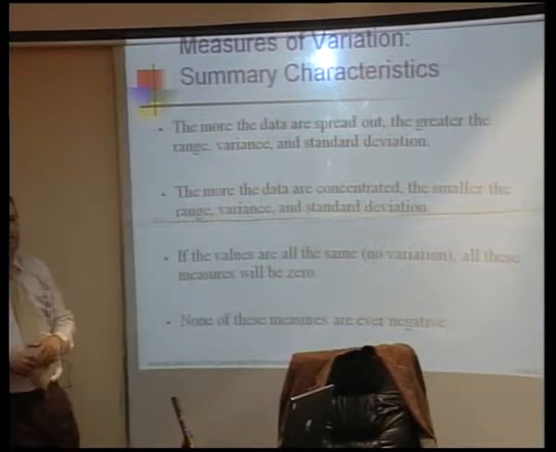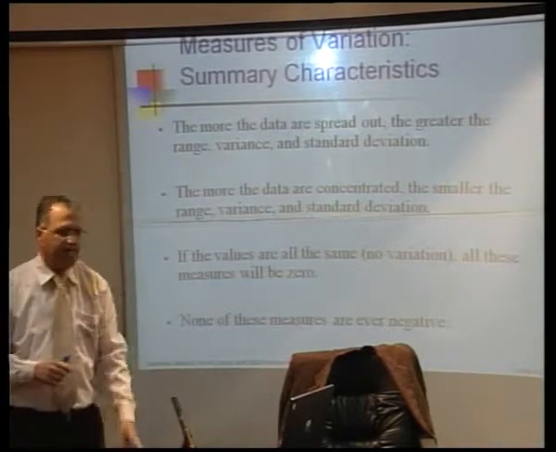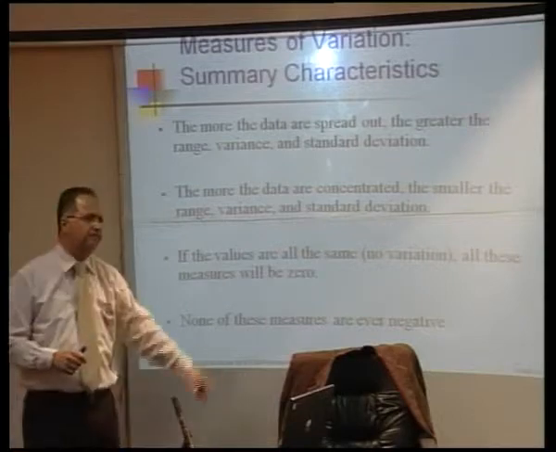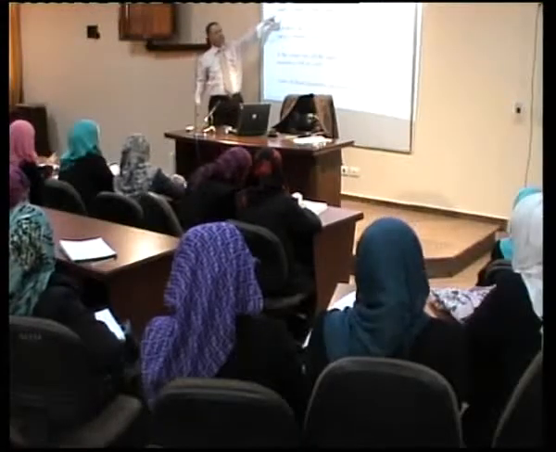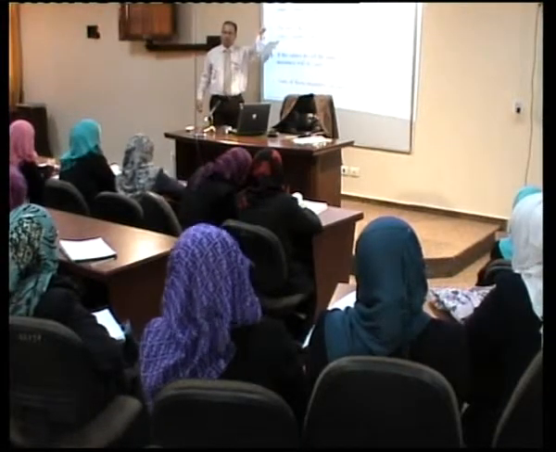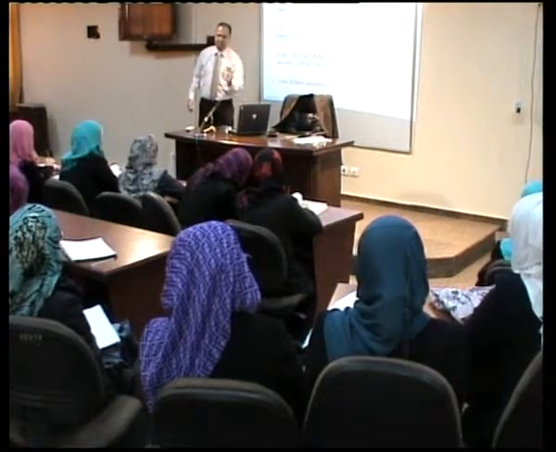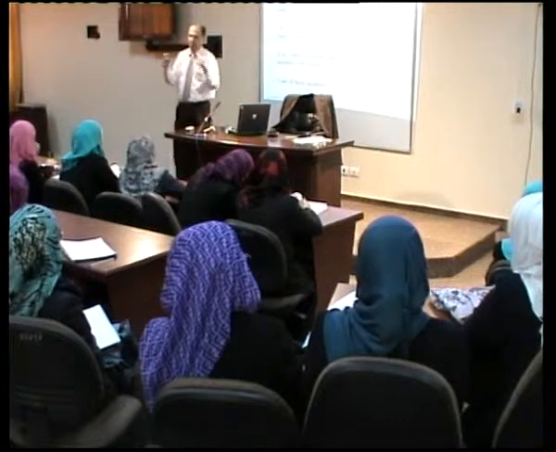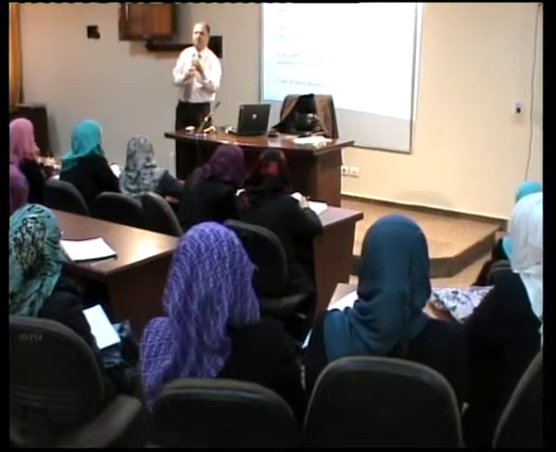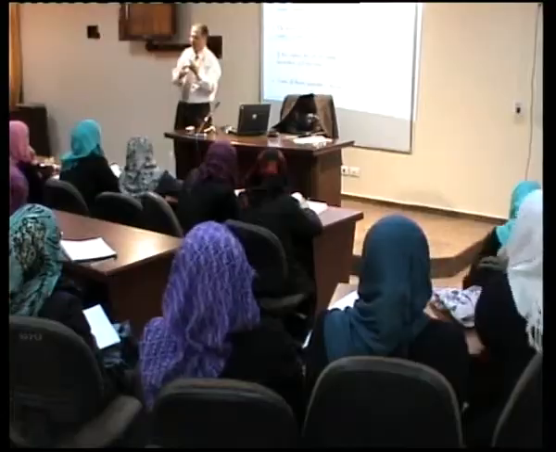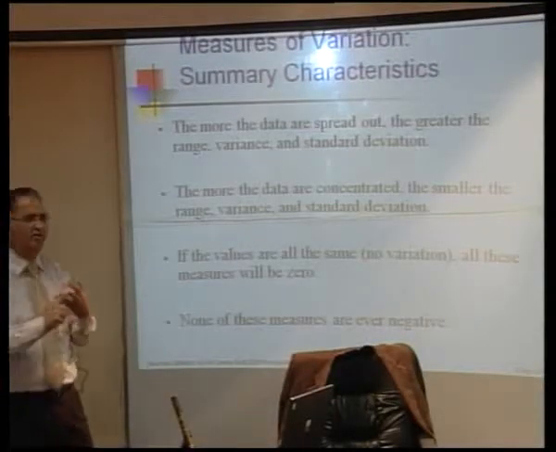To summarize some facts about standard deviation, you can see that the more the data are spread out, the greater the range, variance, and standard deviation. So if the data is spread out, it means you have large range, variance, and standard deviation.